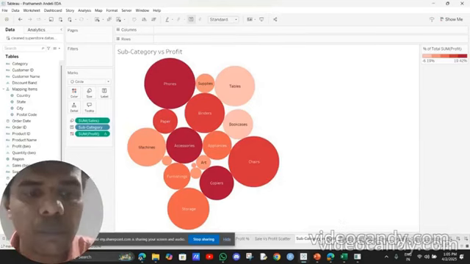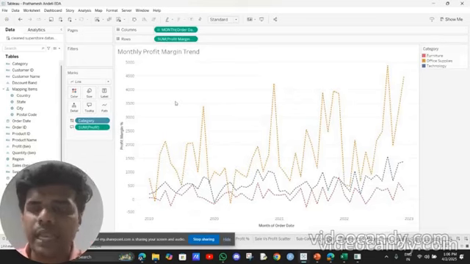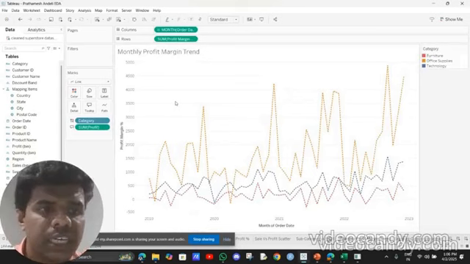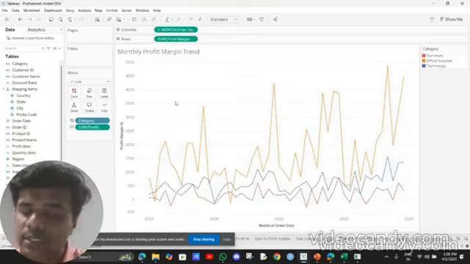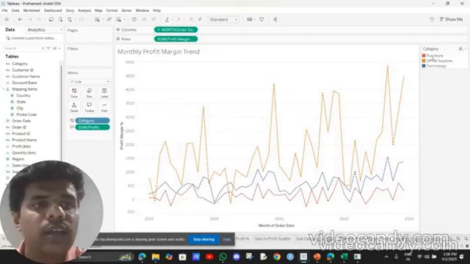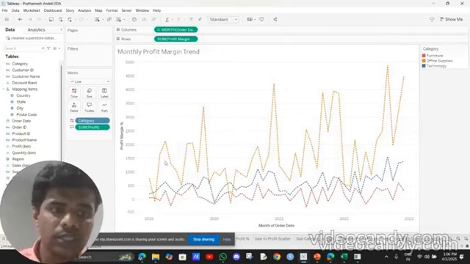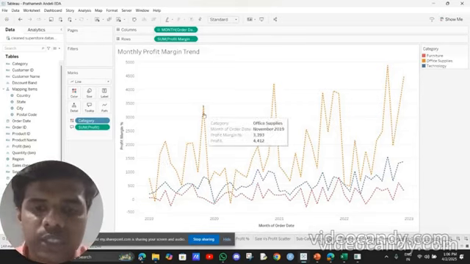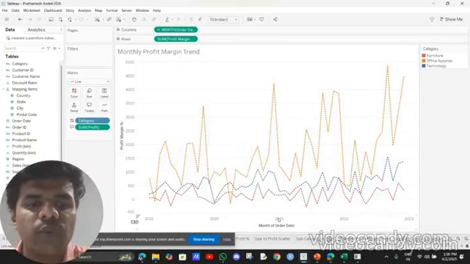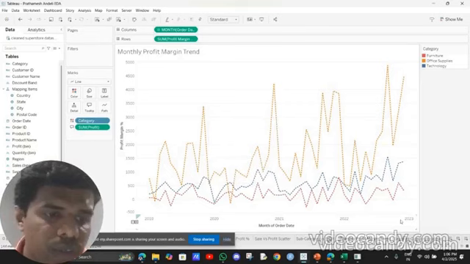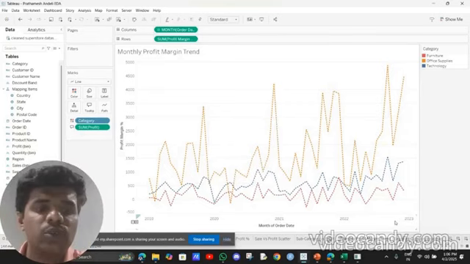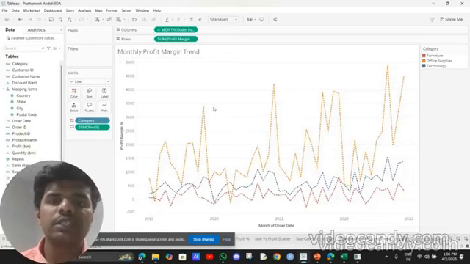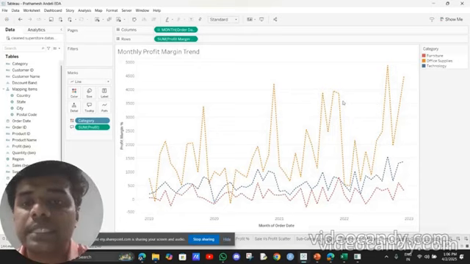Moving on, monthly profit margin trends. Basically, it's a line graph. It has three lines, specifically furniture, office supplies, and technology. These are three categories, and we can see that the office supplies line, which is yellow in color, is the most fluctuating in nature, which clearly shows that in 2020, 2021, and 2022, and also at the end of the year 2022, the profit margin of office supplies is the most.